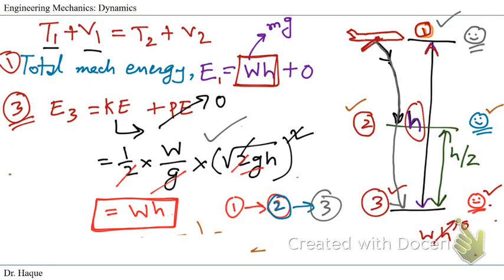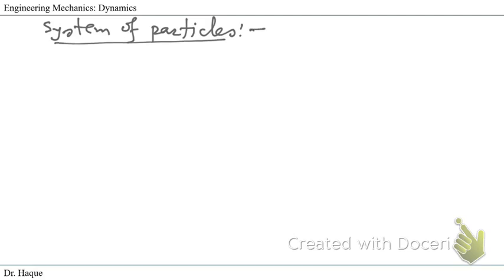Before we stop, there's one more thing to talk about: what if there was a system of particles? We talked about only one paratrooper. What if the paratrooper is also carrying a load with him?